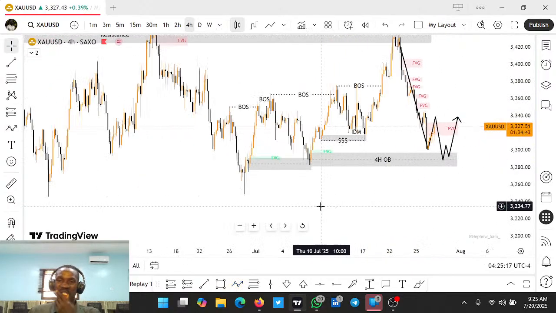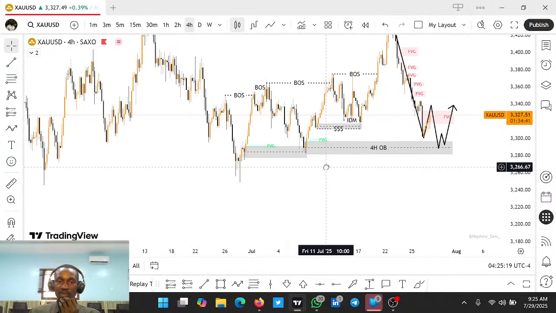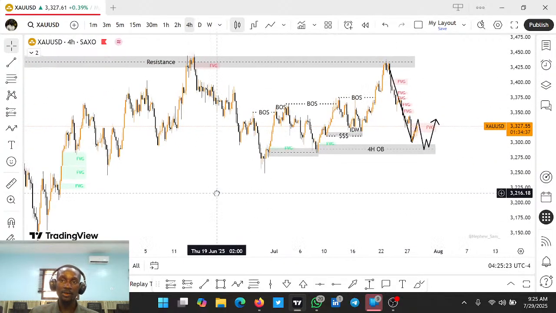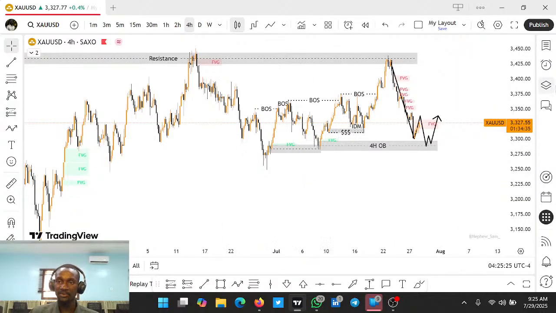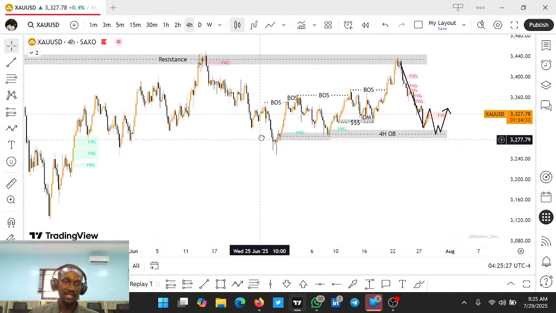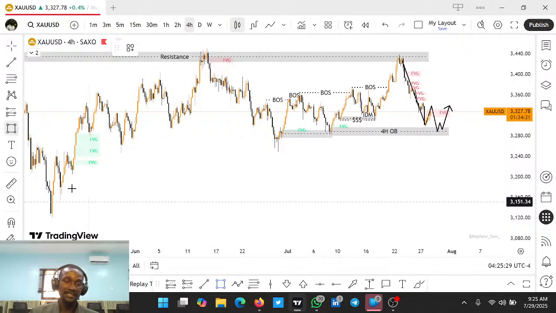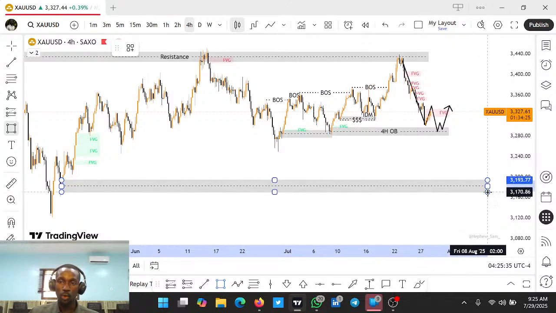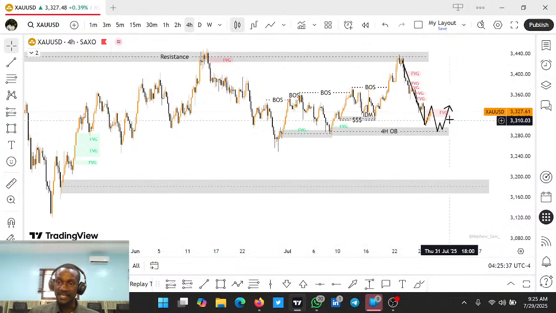Now, there is a high chance of this level not holding because we have another zone below this same level here. If you look, we have an extreme order block sitting around here. So there is a high possibility of that zone not holding, but instead it might react.